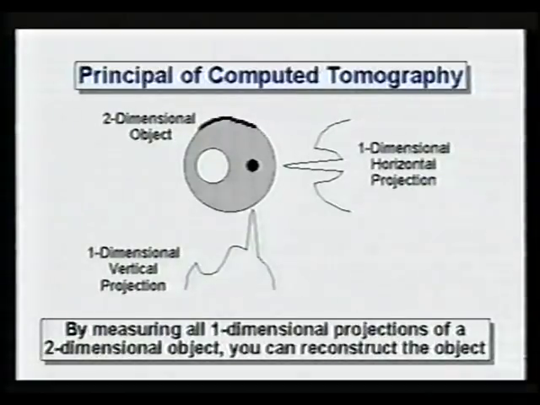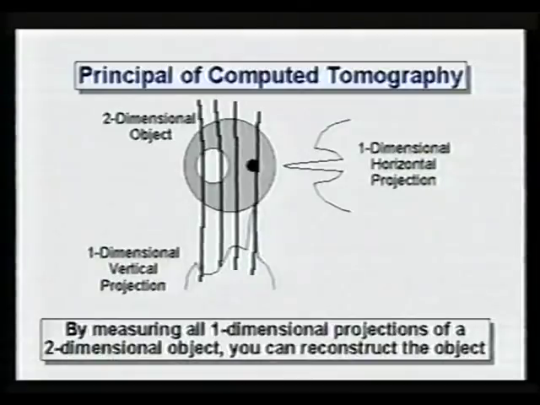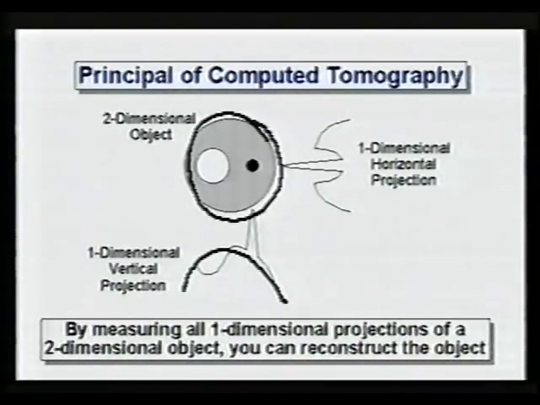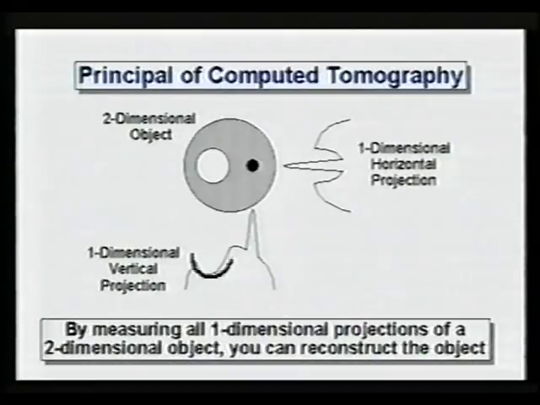If you have a two-dimensional object right here, and you take a one-dimensional projection of it, basically doing line integrals across like that, what you will see is this figure down here. This portion of the shape is due to the circle right there. This hole here is due to the lower activity there, and this bump over here is due to the higher activity there.